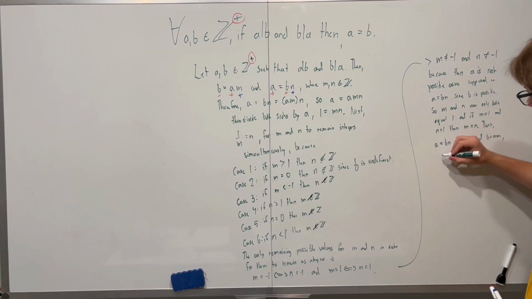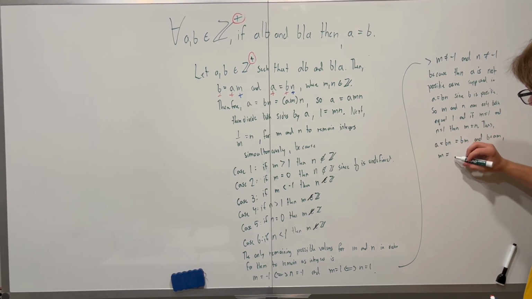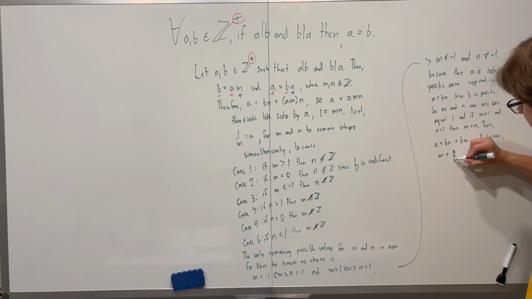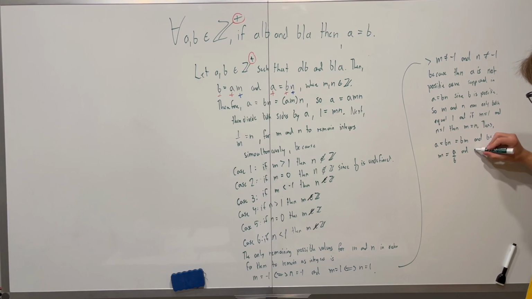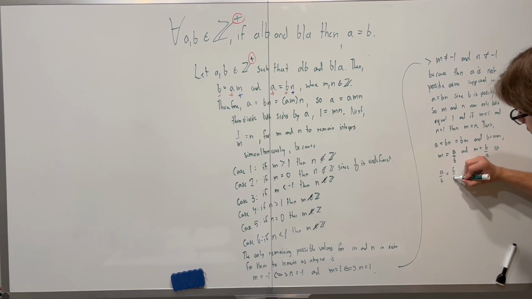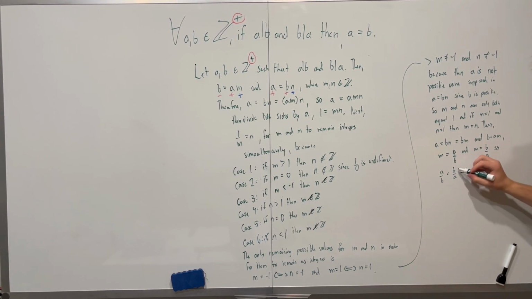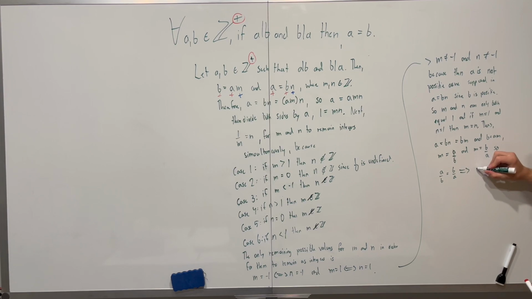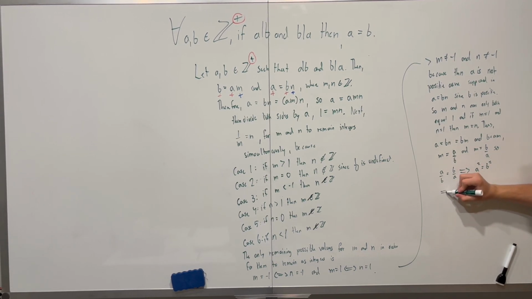We can say m is equal to a over b, and m is equal to b over a. So a over b is equal to b over a, which we can then simply multiply both sides by b, multiply both sides by a. We get a squared is equal to b squared, and then we can square root both sides and we get a is equal to b.